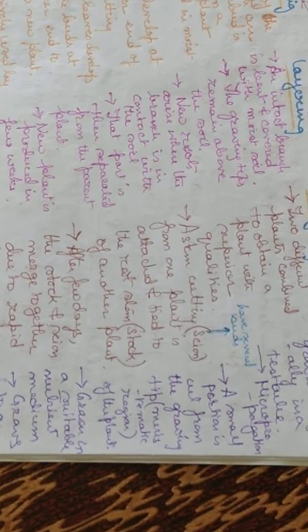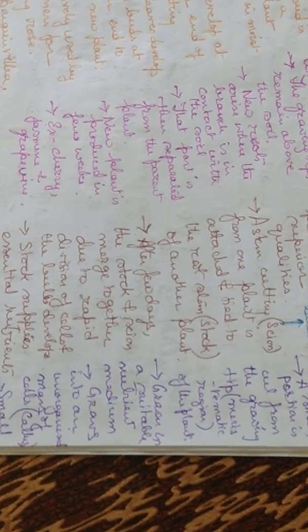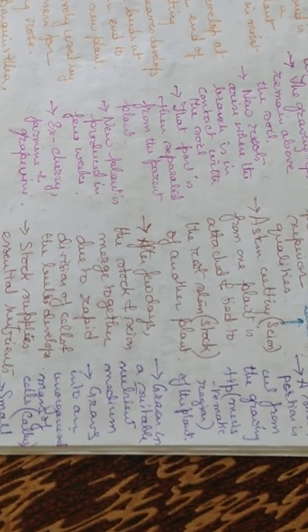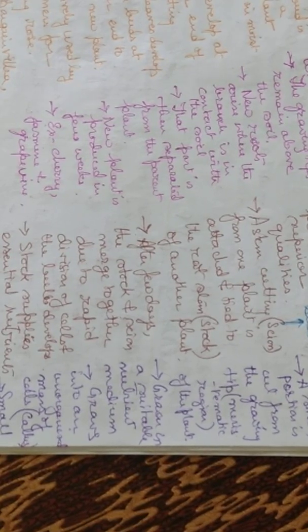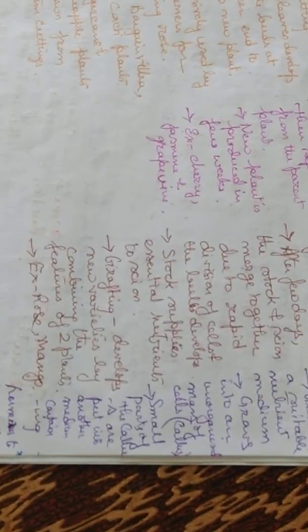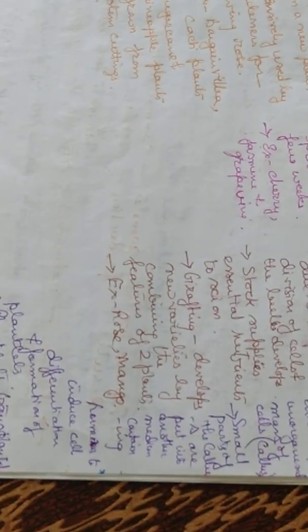Now it grows into an unorganized mass of cells, that is known as callus. Small parts of the callus are put into another medium containing humus to induce cell division and formation of plantlets.